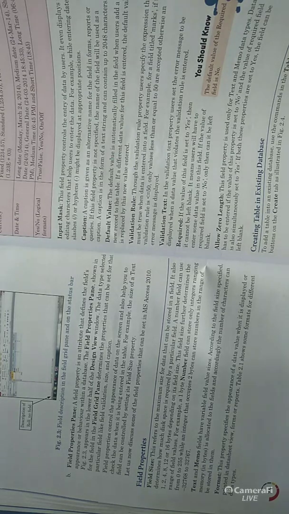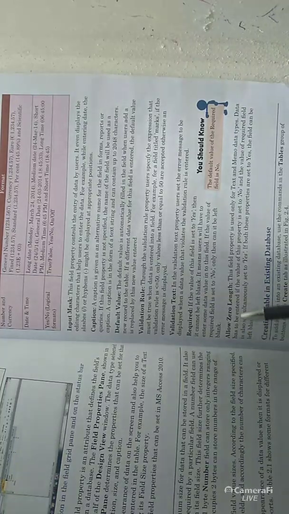I already told you. And next here are the input mask, caption, default value, validation rule, validation text, required, allow zero length. Next is creating the tables. Creating the table in design view, I already told you how to create in design view, and I showed you in the practical way.